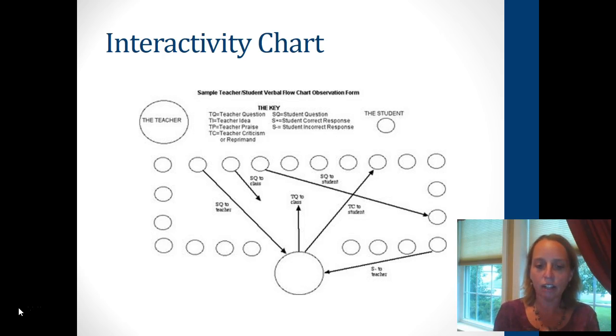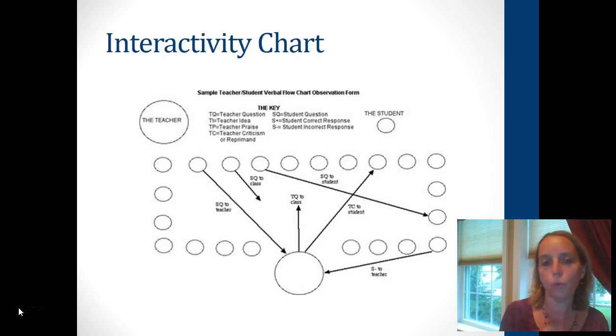So front and center, you can see there's a lot of activity in the middle of the room, but maybe I need to physically move to a different space or tap into different kinds of questions so that others in my class will also be engaged and interested. So basically, an interactivity chart is just a visual chart showing who's participating in the conversation, and that can be quite helpful.